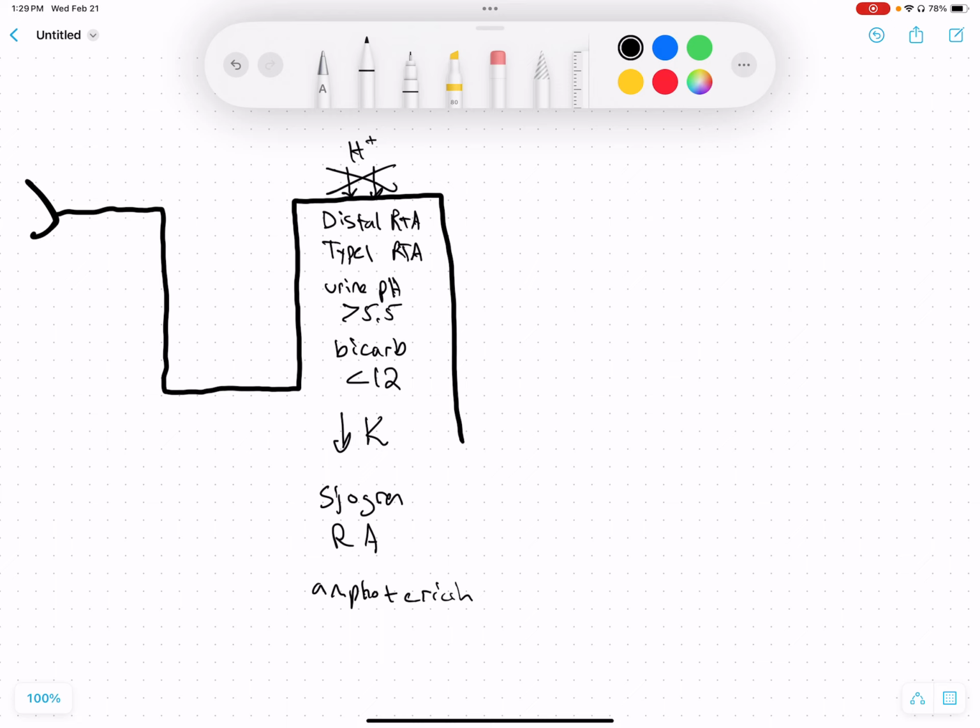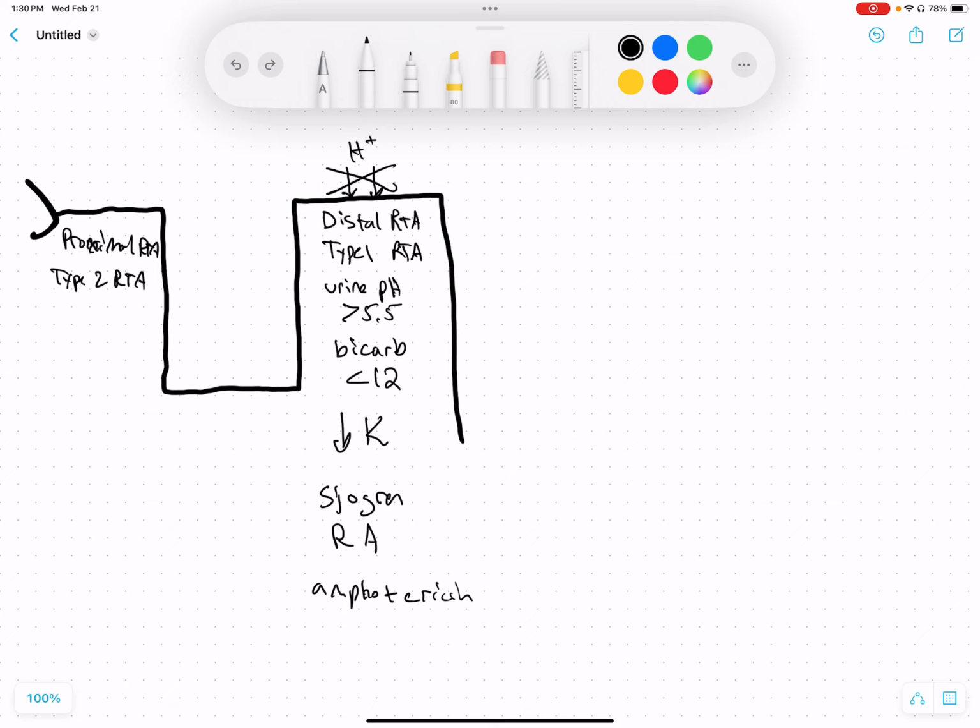Now let's talk about the type 2 RTA, also called the proximal RTA. Type 2 RTA. The main lesion in this one is that the proximal tubules are unable to reabsorb bicarb.